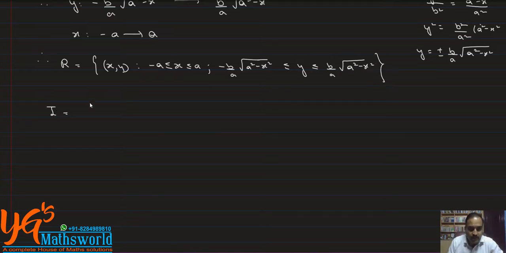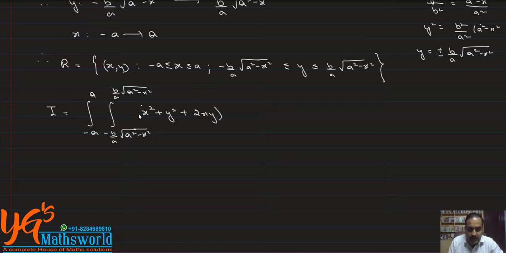So the integral will be from minus a to a, from minus b upon a root of a square minus x square to b upon a root of a square minus x square, and the function is x square plus y square plus 2xy, into dy and dx.